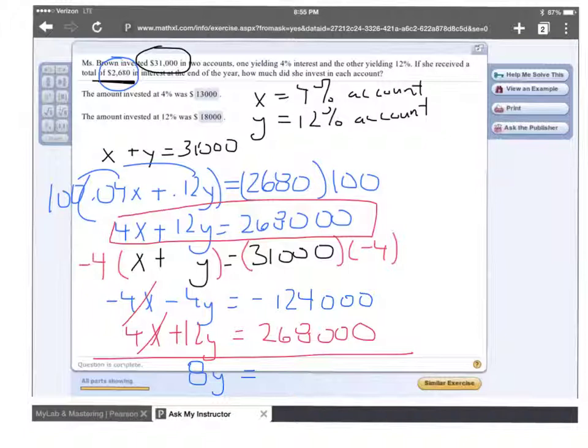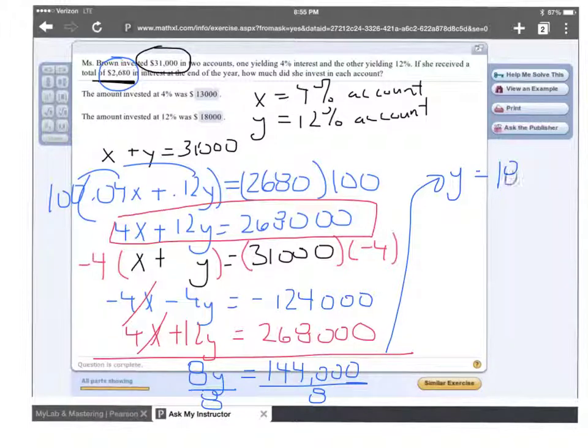Which leaves me with 144,000. And then to solve from here, I divide both sides through by 8. I'm kind of running out of room a little bit, but I end up with y equals that 144,000 divided by 8. So on the right hand side I end up with $18,000.